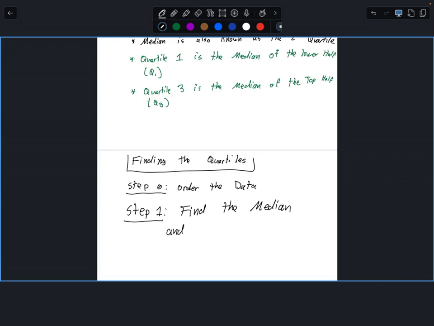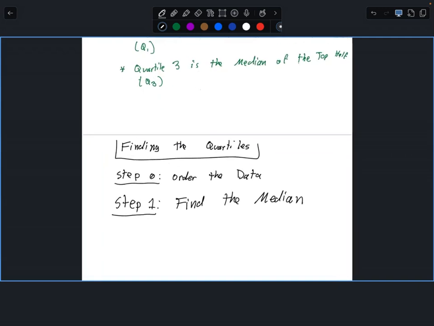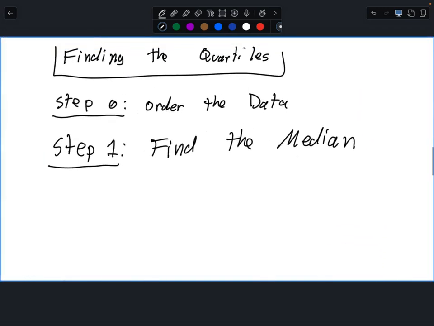We'll just find the median. So there are 2 steps. All right, are we ready for the other step now? So now we got step 0, step 1.